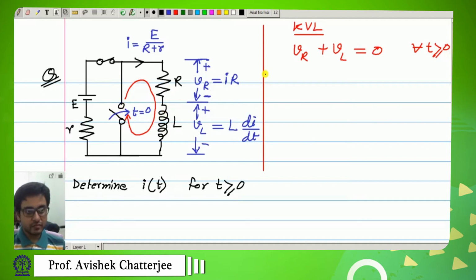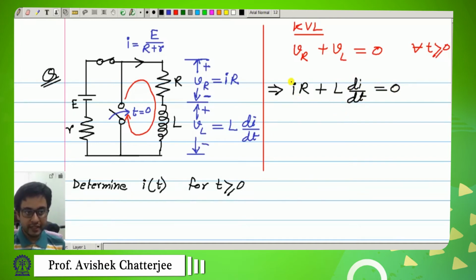Okay, so let us first write some differential equations from our knowledge about this circuit, and then we will solve that differential equation. Let me start from this KVL and let me write VR is equal to I multiplied with R, VL is L di/dt, and this is equal to 0.